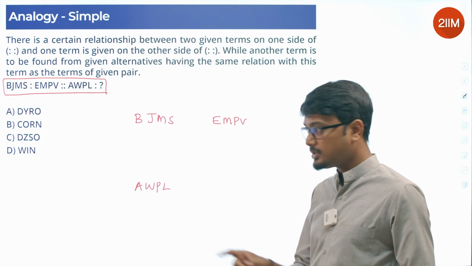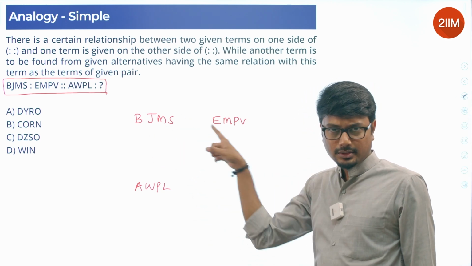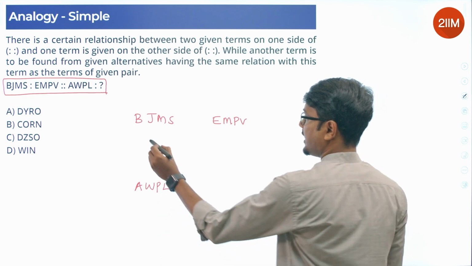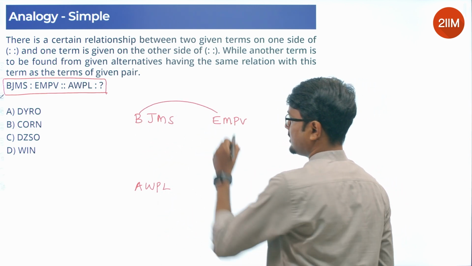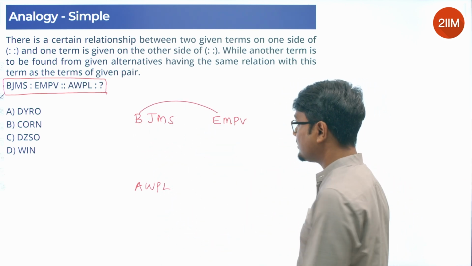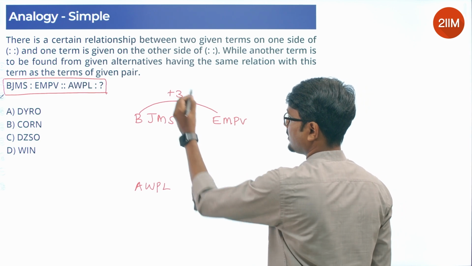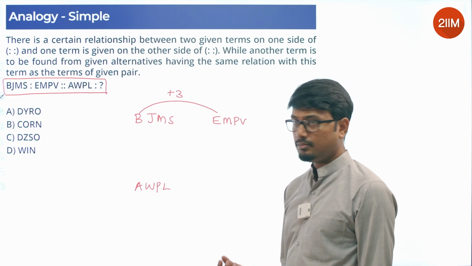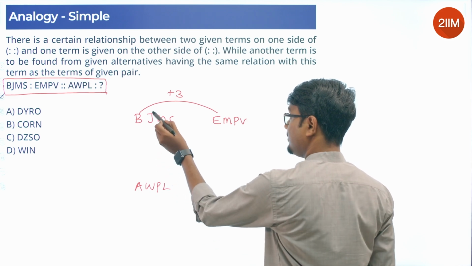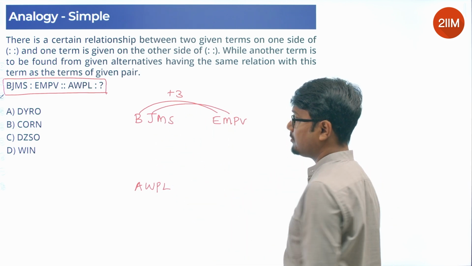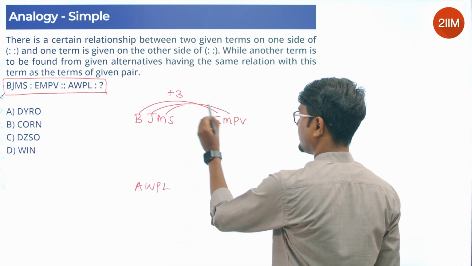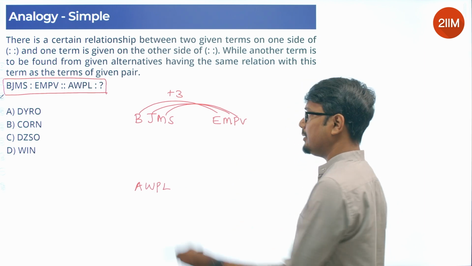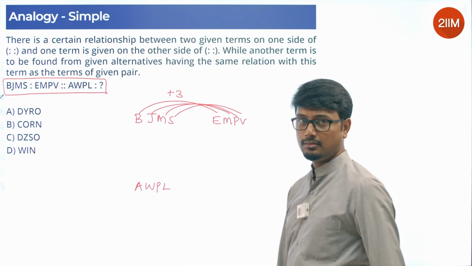So the connection is some relationship between these variables or letters. Okay, so B to J, so technically it is CDE, 3 letters plus 3. J, KLM, oh, plus 3. MNOP plus 3. STUV plus 3. So everywhere it is plus 3. Obviously plus 3.